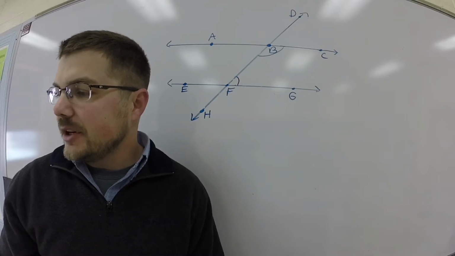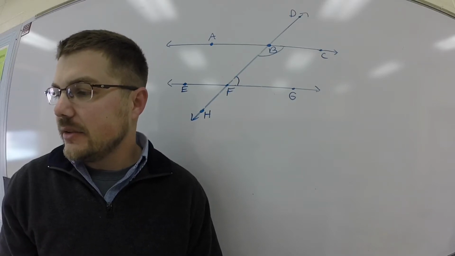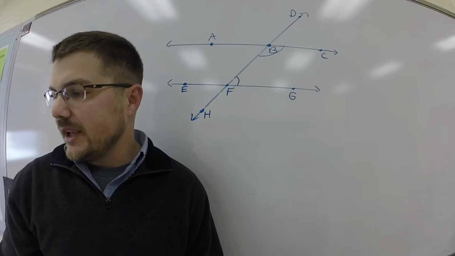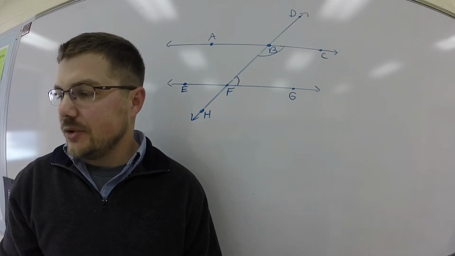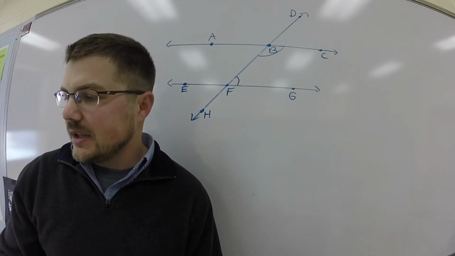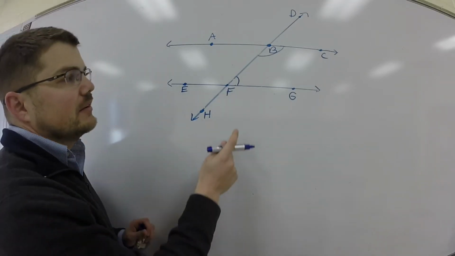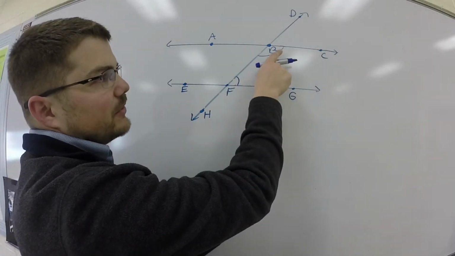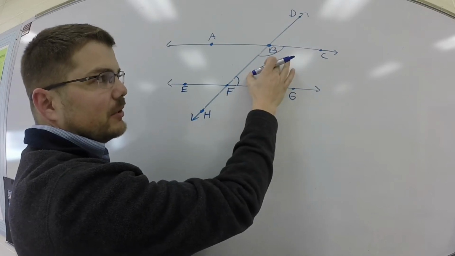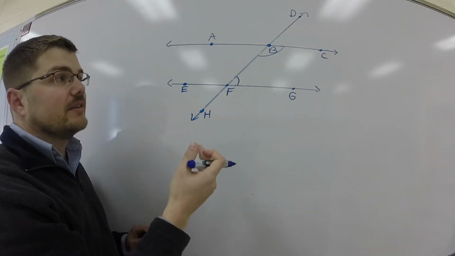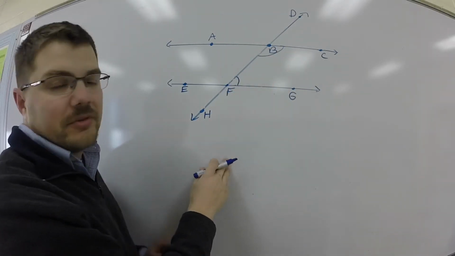Supplementary is two angles that add to 180. Complementary is two angles that add to 90. Would it be either one of those? This is acute, this is obtuse. These would be supplementary because you take an acute and add it to an obtuse, it's 180. So number five is supplementary.